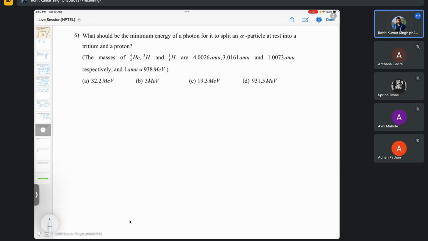This is also a simple problem, again regarding alpha particle, but a different kind. Instead of radioactive decay of some nucleus via alpha decay, here the question is what should be the minimum energy of a photon for it to split an alpha particle at rest into a tritium and a proton.